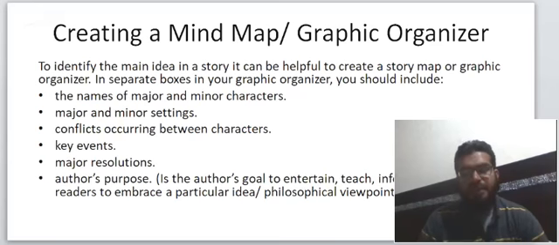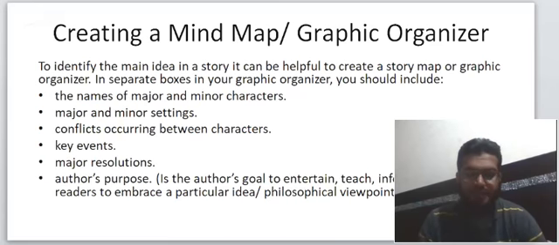Another thing that beginners are advised to do is create a mind map or graphic organizer for your better comprehension. This is what you do in order to train your mind and sharpen your understanding when you are learning these basic skills.